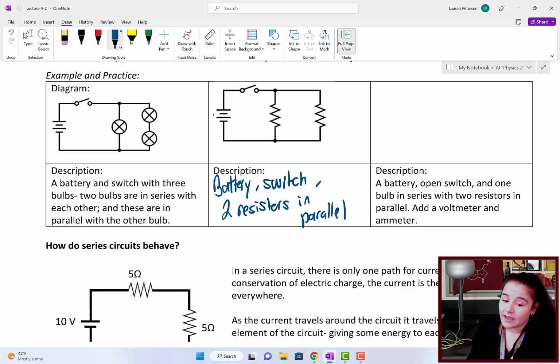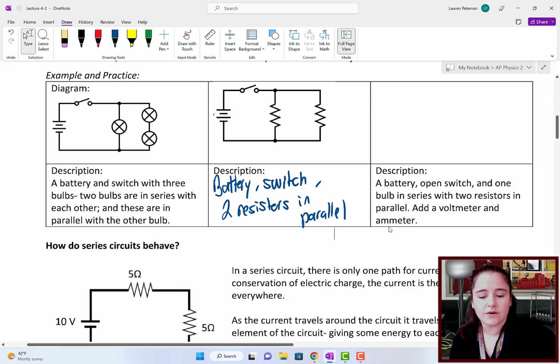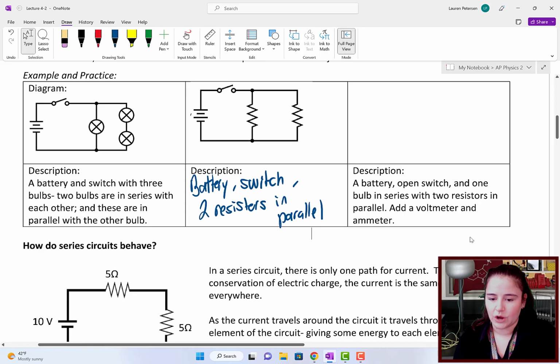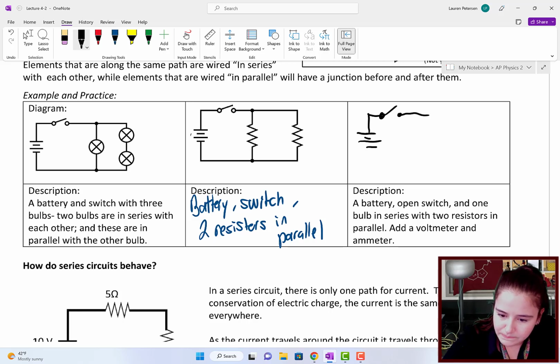And then let's go ahead and draw one. So we have a battery, an open switch, and 1 bulb in series with 2 resistors in parallel. And then we're going to add our voltmeter and ammeter. So first let's add in our battery, and then we'll have our open switch, and then we have 1 bulb.